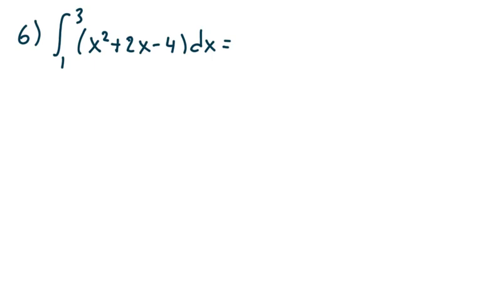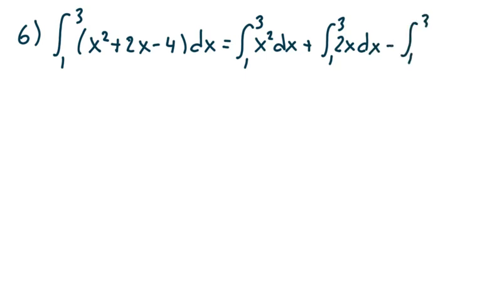So what I do first is I'm going to look at the integral from 1 to 3 of x squared dx, and then add the integral from 1 to 3 of 2x dx, and subtract the integral from 1 to 3 of 4 dx. Okay? So it's really much easier if you can look at this one piece at a time.